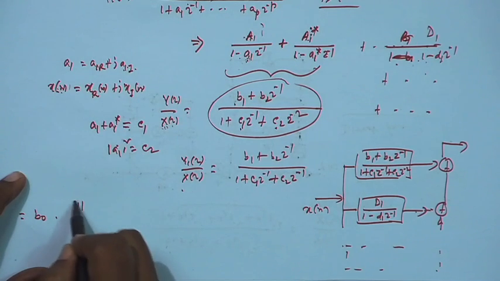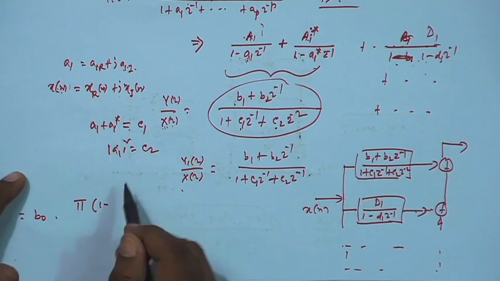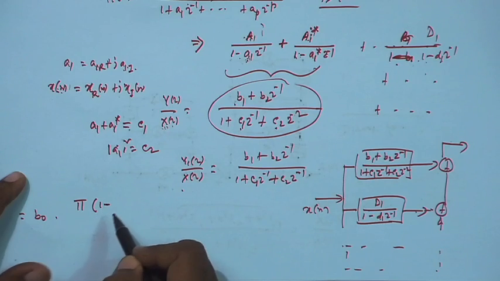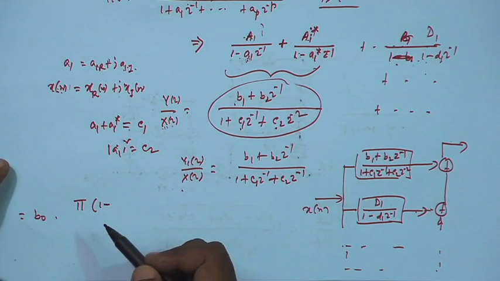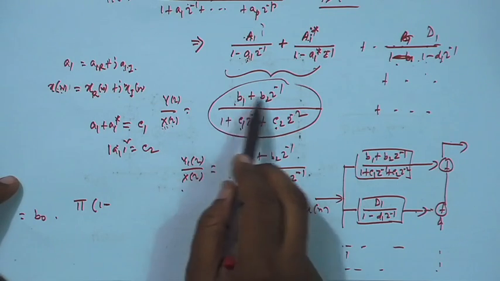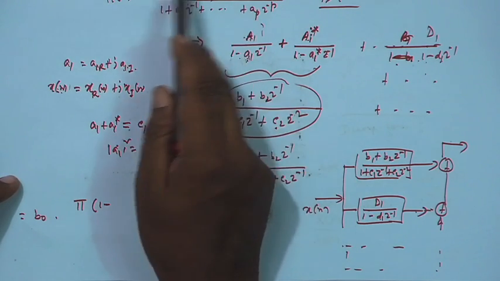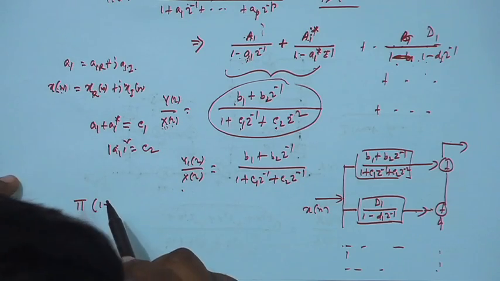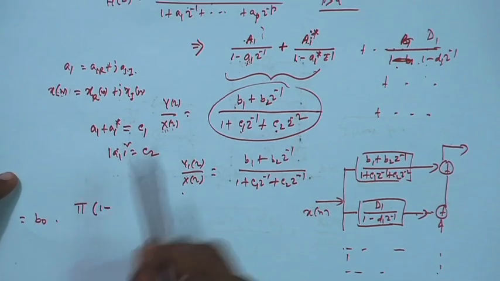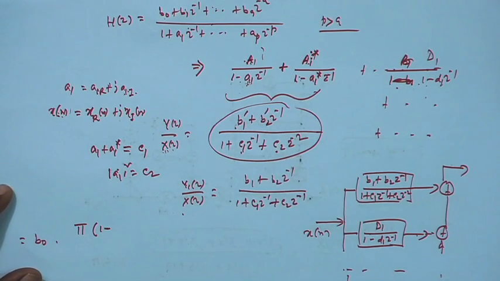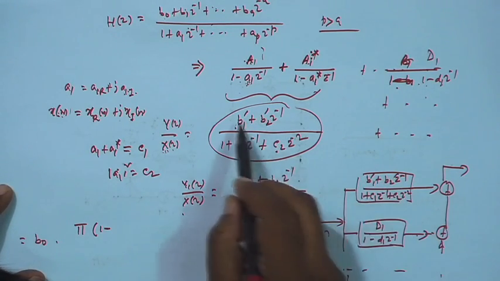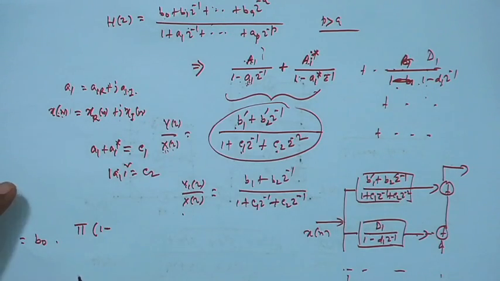So, maybe the numerator will be factors like this, 1 minus, we have to give some name. We should not confuse this B1, B2 with the B1, B2 here. If you want, you can make it B1 prime, B2 prime, because they are different from the original B0, B1.